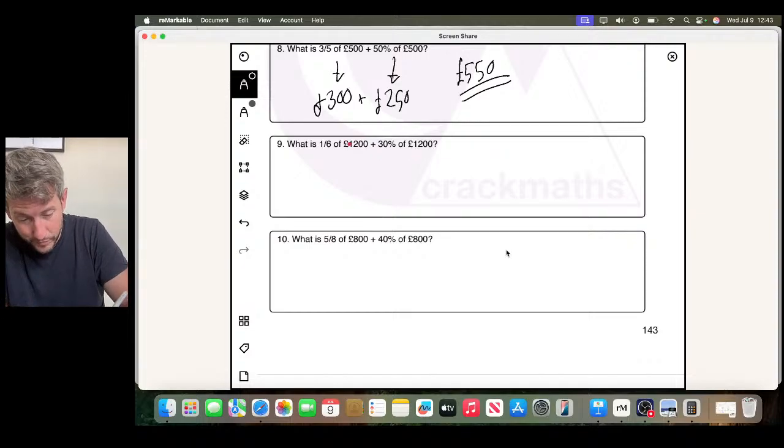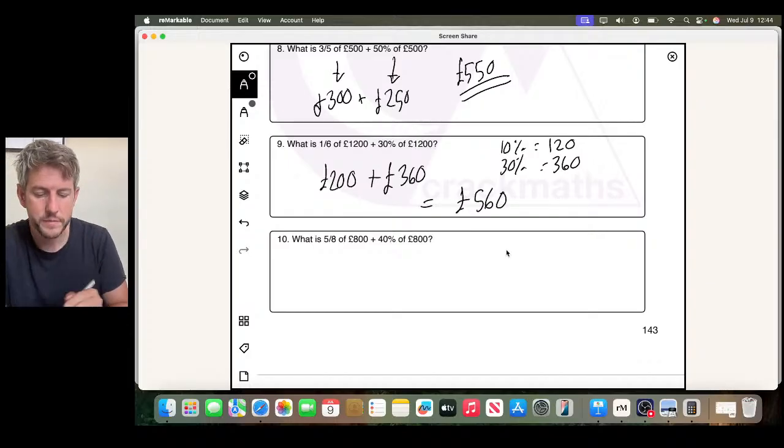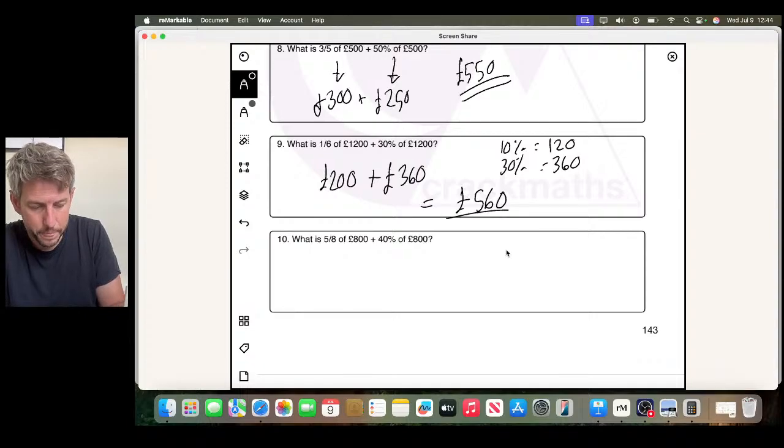Well, 1/6 is 1,200 divided by 6, which will be 200. And then 10% of this is equal to 120. So 30% will be 3 lots of that, so that will be 360. So we've got £200 plus £360, and this will equal £560.